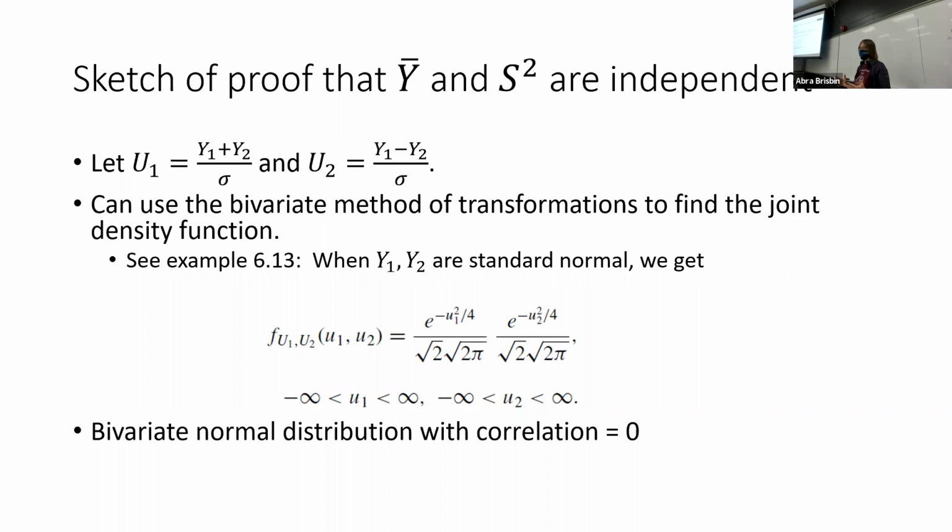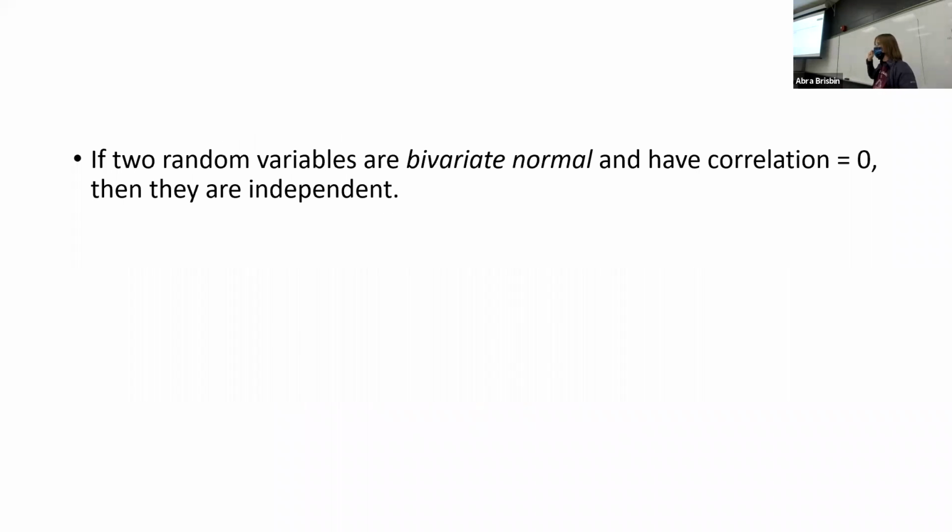And we know that if two random variables are independent, then they have correlation equal to 0. And usually you can't go the other way. But in the specific case of a bivariate normal distribution, if the correlation is 0, then the random variables are also independent. So in the specific case of bivariate normal, that implication goes both ways.